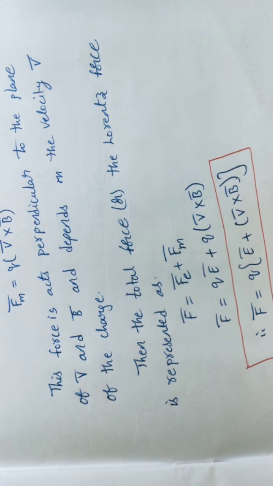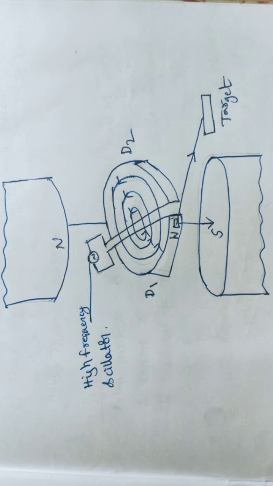Here I am representing a diagram, actually a rough diagram of a cyclotron. The cyclotron is useful to accelerate charged particles like protons, deuterons or alpha particles up to very high energies.